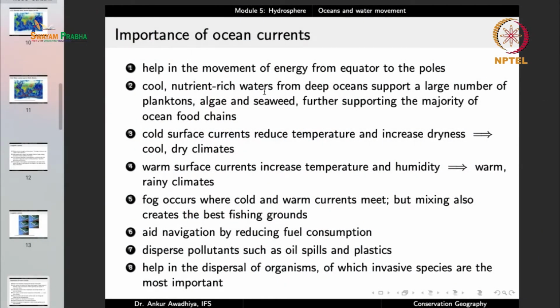Similarly, cool, nutrient-rich waters from deep oceans support a large number of planktons, algae, and seaweed, further supporting a majority of ocean food chains. Now, what is happening with these currents is that the cold water is brought upwards through various upwelling locations, and this nutrient-rich water is being made available for different organisms.